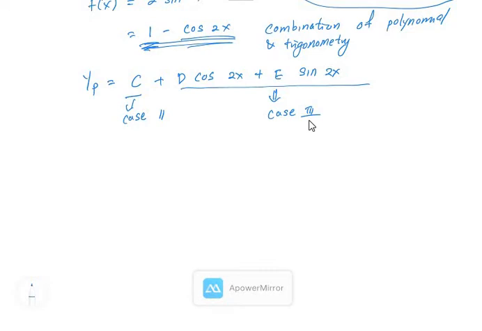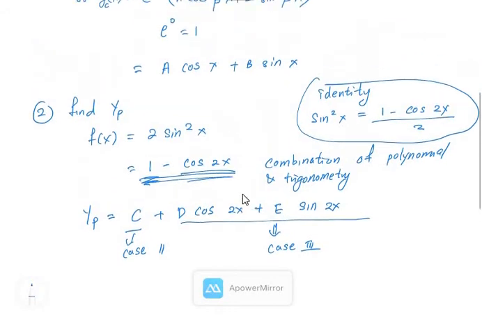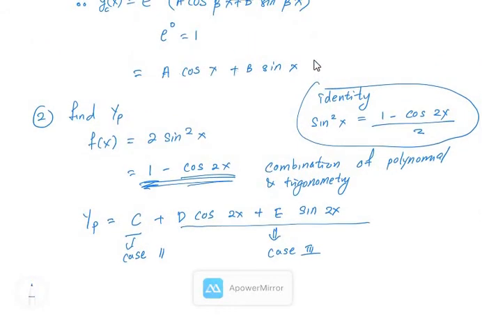Then you check. Don't forget to check whether this yp is the same as yc or not. If you check here, this is the yc, a cos x plus b sin x. And then your yp is c plus d cos 2x. This is cos x, this is cos 2x, this is not the same. This is e sin 2x, this is b sin x, so it is not the same.